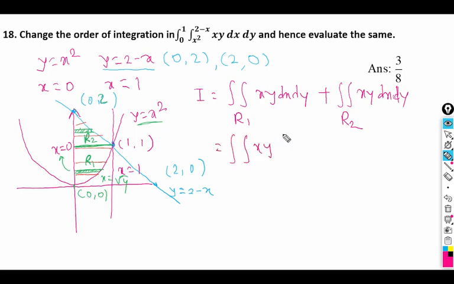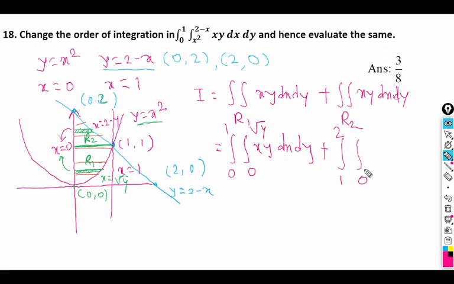Now on the region R1, think of x first. The left hand touches x equal to 0, the right hand touches x equal to root y. So x goes from 0 to root y, and the outer limits of y are 0 to 1 on the region R1. But for the region R2, the outer limit of y will be 1 to 2, where the left hand still touches x equal to 0, and the right hand touches x equal to 2 minus y.